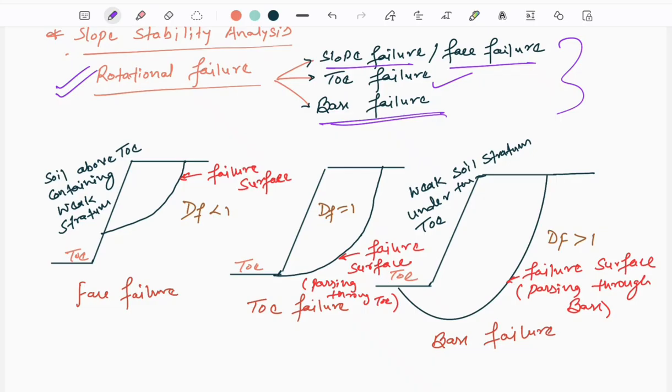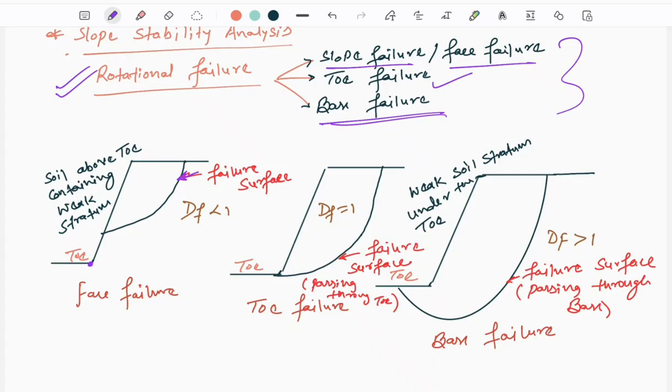You can see in this pictorial view that the face failure occurs when the soil above the toe contains a weak stratum. Means if this is the toe portion of the slope, then above the toe, if the soil has a weak stratum, the face failure will occur. Okay. So this portion is associated with the failure surface.